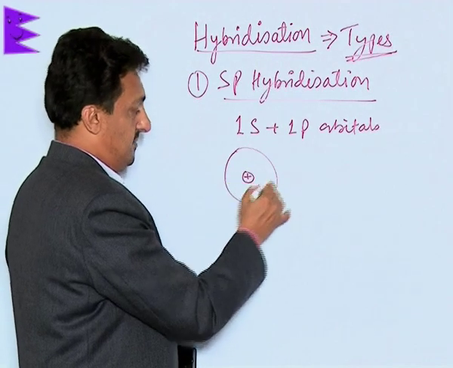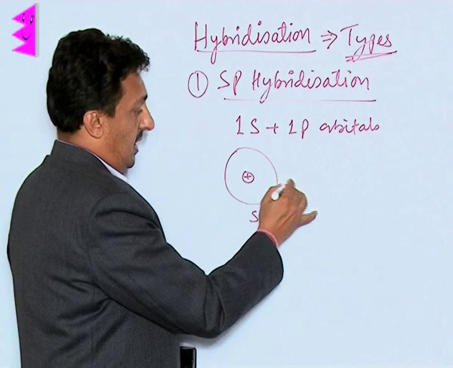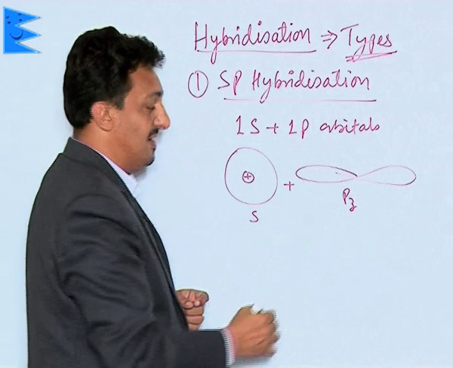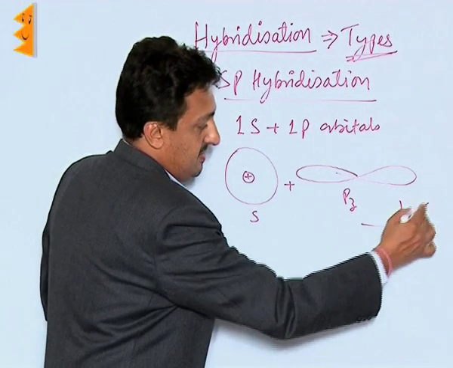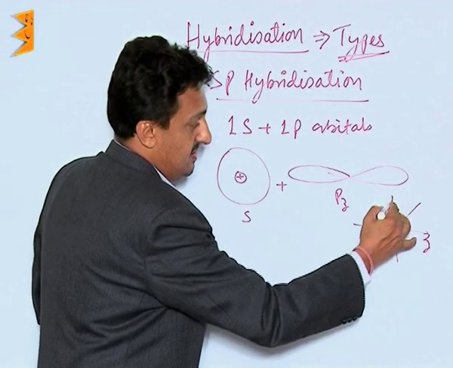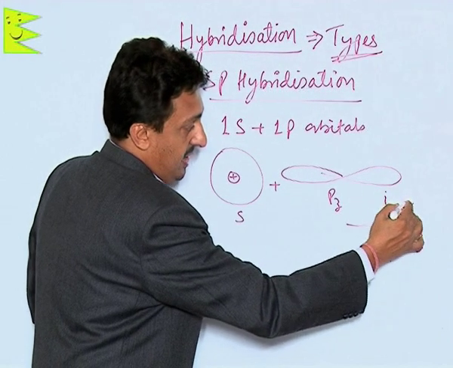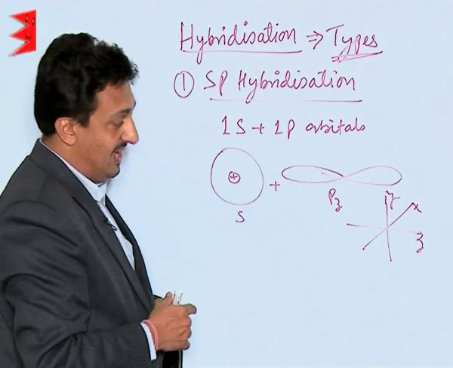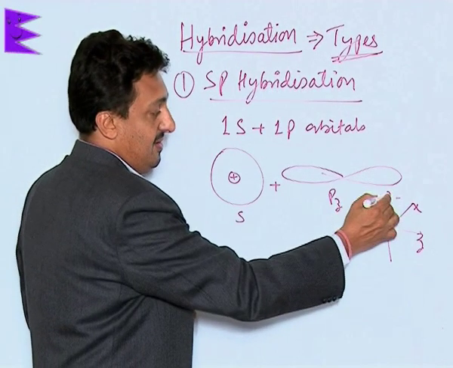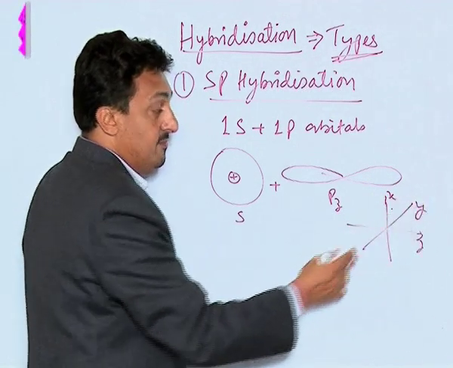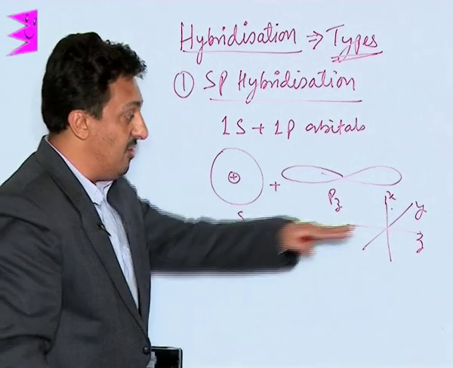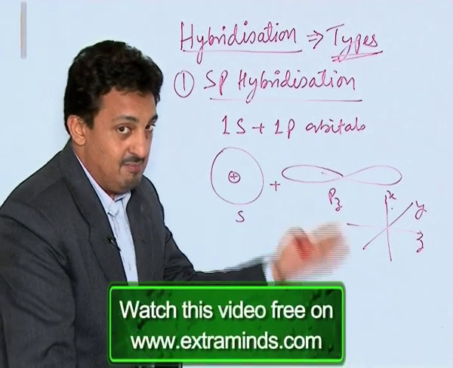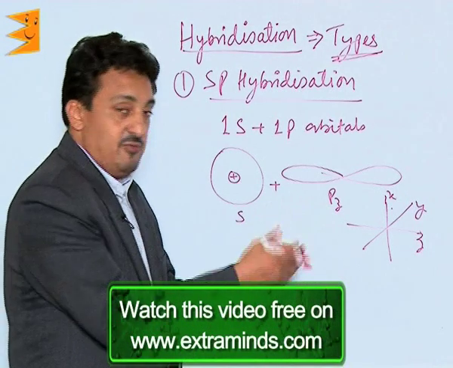Now let us see what happens in this case. One s, as we know, is spherical, and the p involved is usually pz, because we normally take this axis as Z, this axis as X, and this axis as Y. Any axes like this can be taken, but remember it is actually a relative concept.